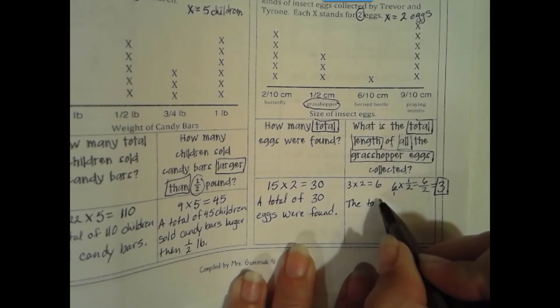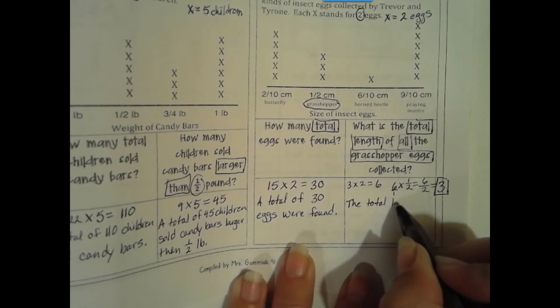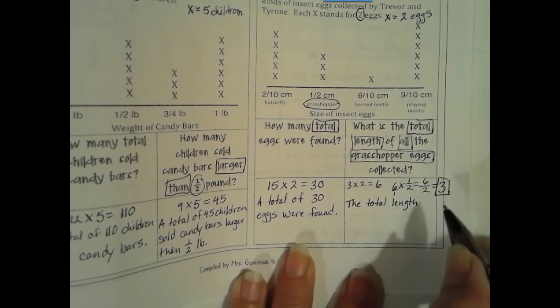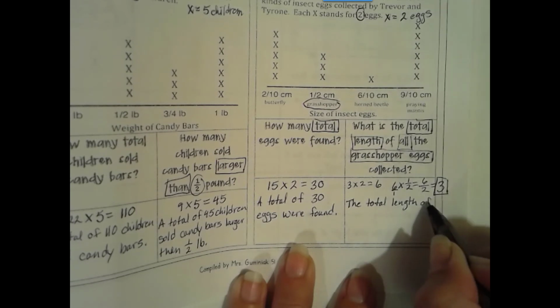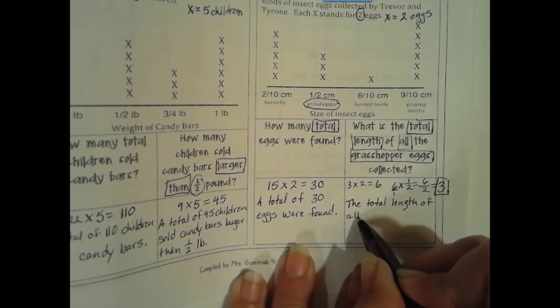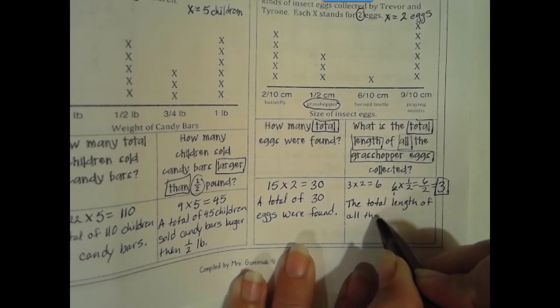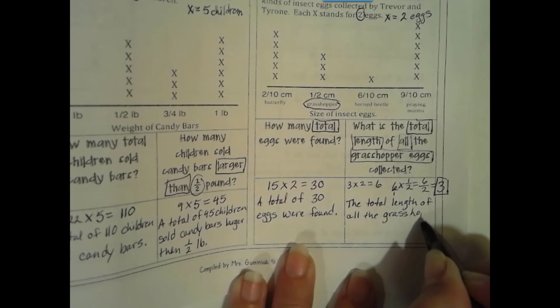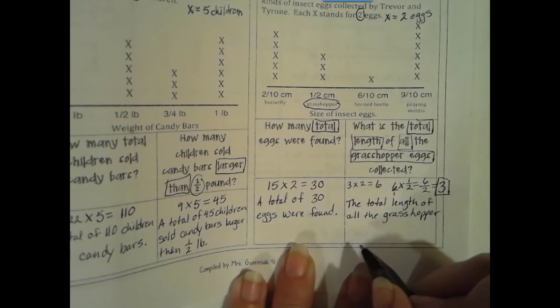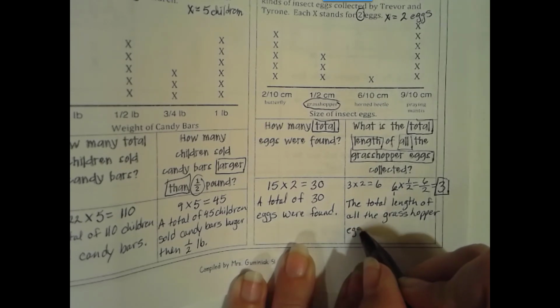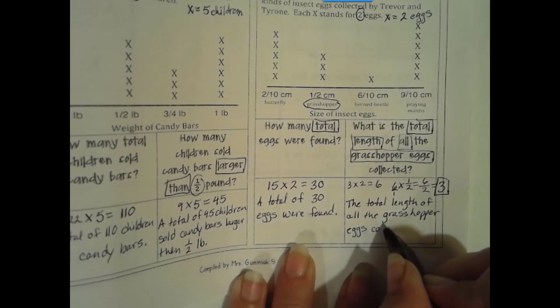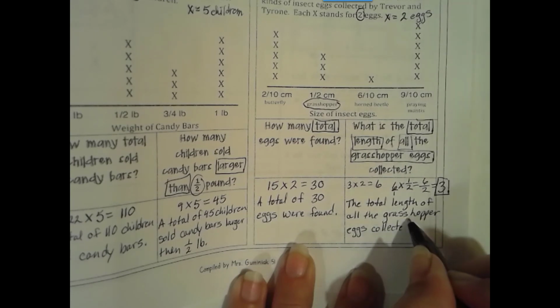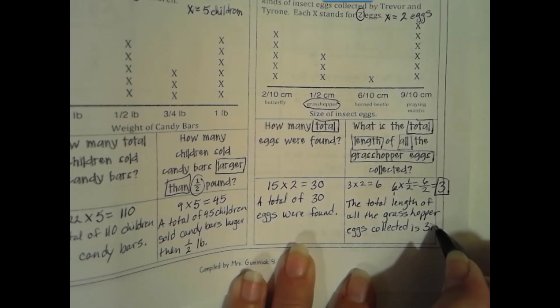The total length of all the grasshopper eggs collected is 3 inches.